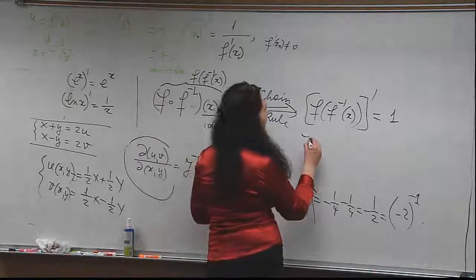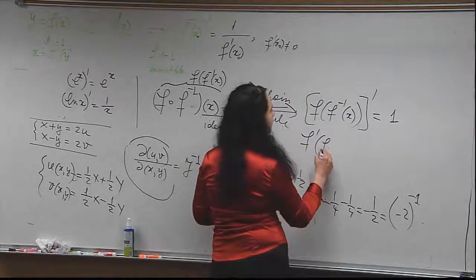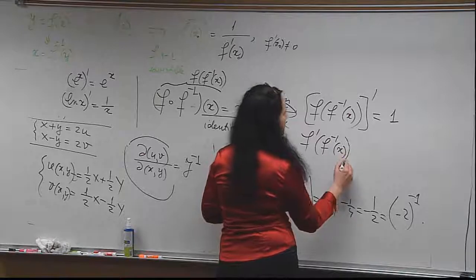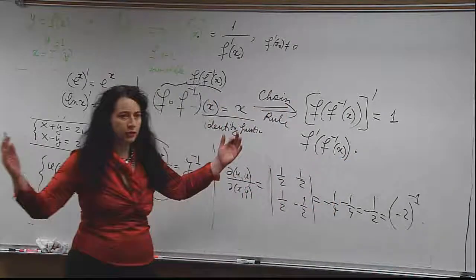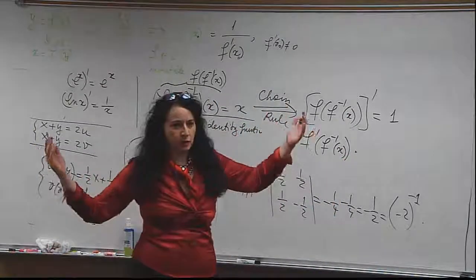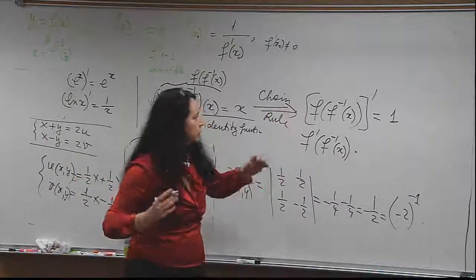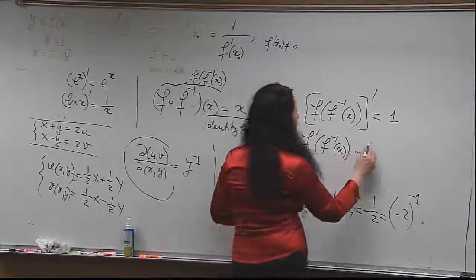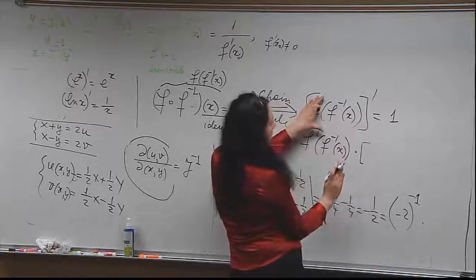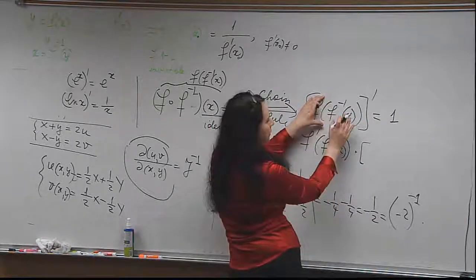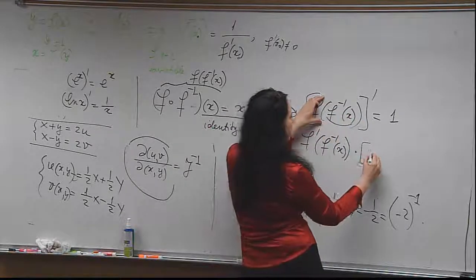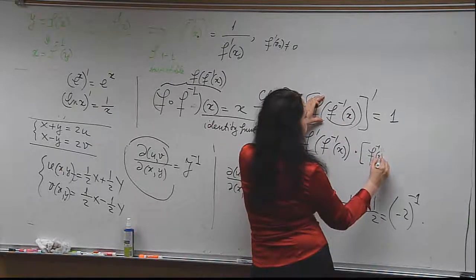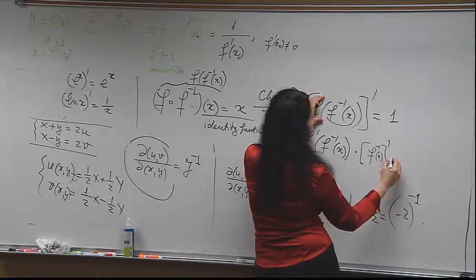Chain rule says f prime of f inverse of x times a function on the outside prime first. We go from the outside to the inside one step at a time. Derivative of the guy, you cover f with your hand. Derivative of the guy inside, the core function inside, that will simply be f inverse of x prime with respect to x, right?